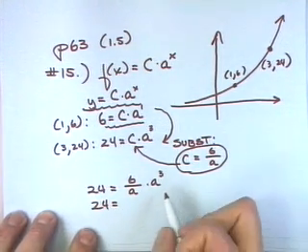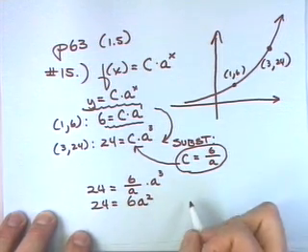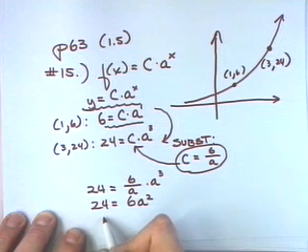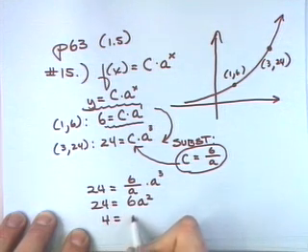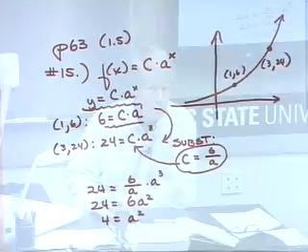So 24 is 6a squared. Divide both sides by 6. 4 is a squared. Now, did they say anything about any provisions about a? I don't see that. So could a be positive or negative?